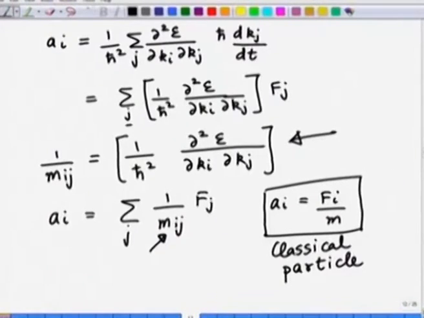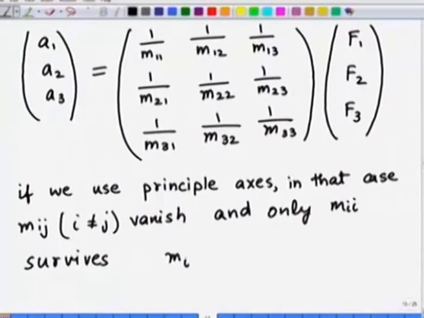So, if I choose the axis as that, only the diagonal elements survive. In that case, I can write, and in fact, let me put a star in here to denote that this is not necessarily the electron's mass, but it represents essentially an effective mass.